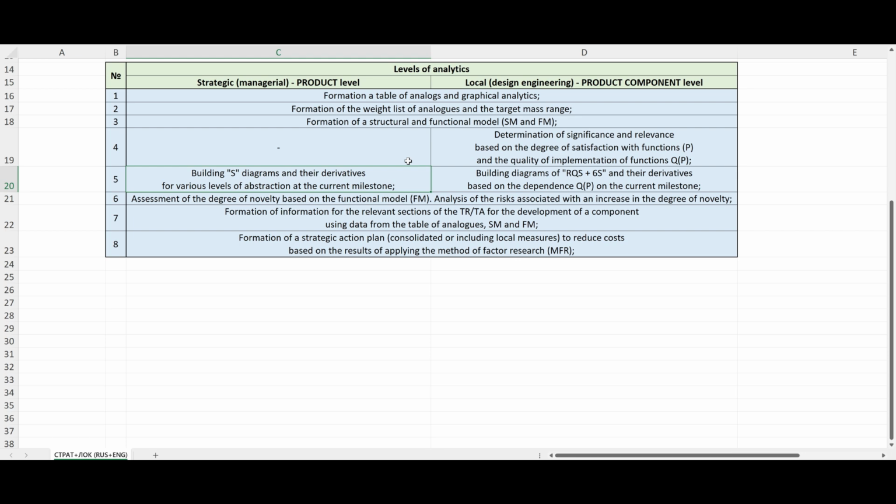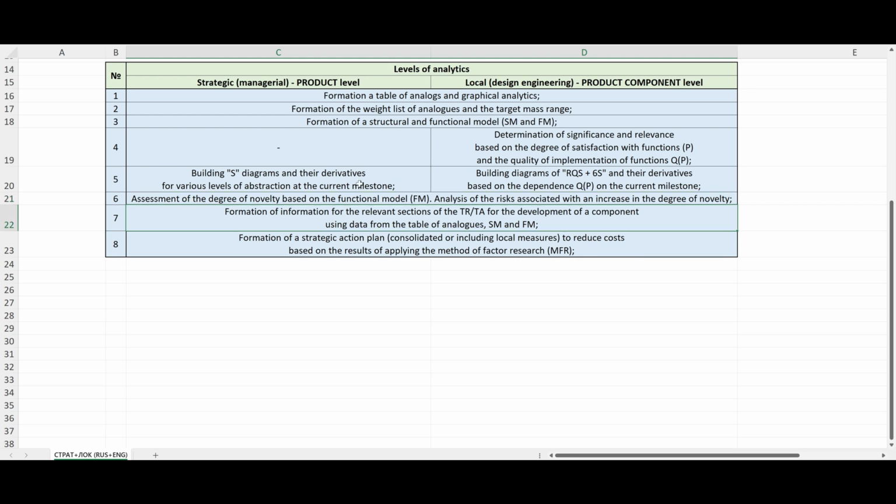The fifth, assessment of the degree of novelty of the product, the strategic micro level, using the generated functional model and analysis of the risk associated with increasing the level of novelty. See section economic indicators of the technical assignment for the project. 6.